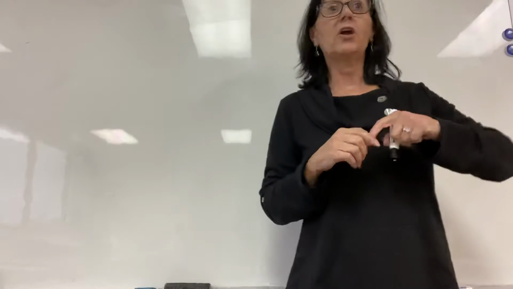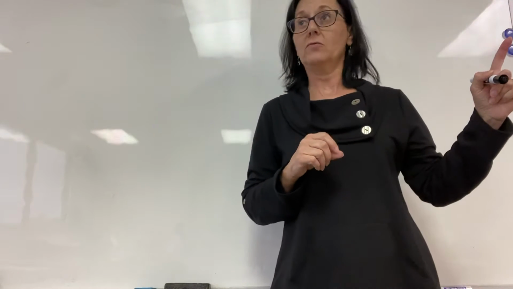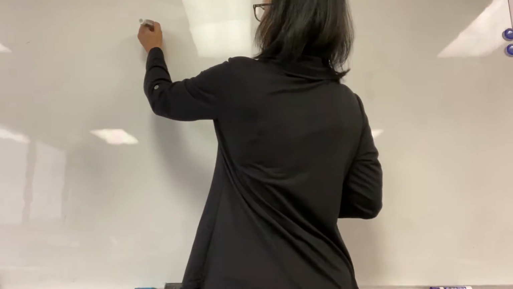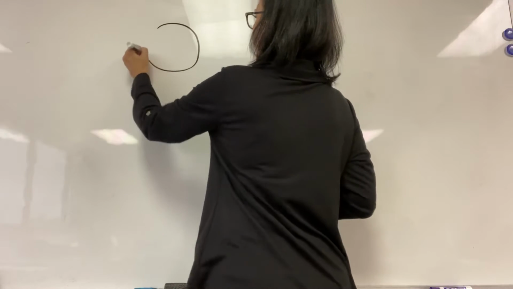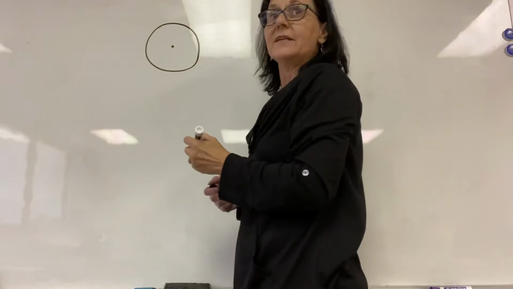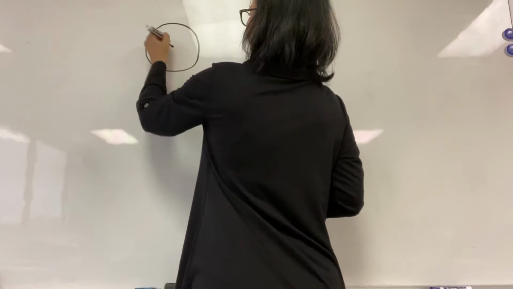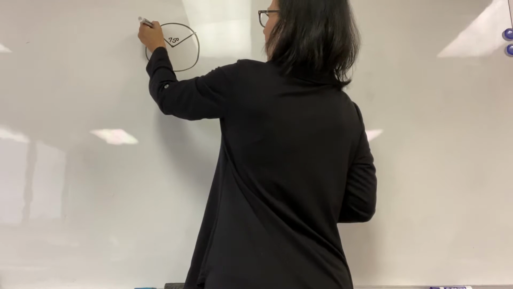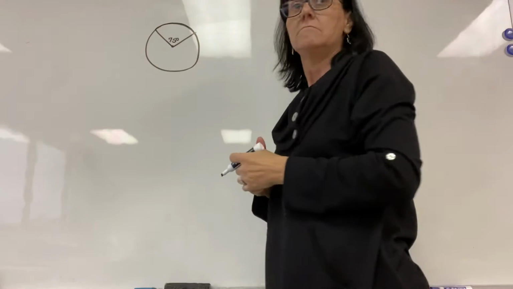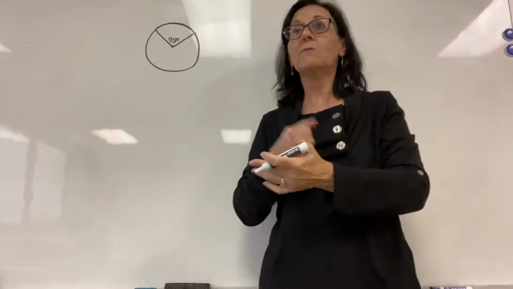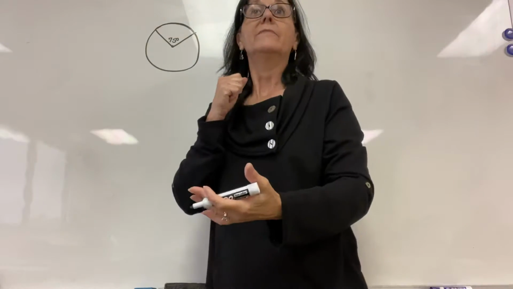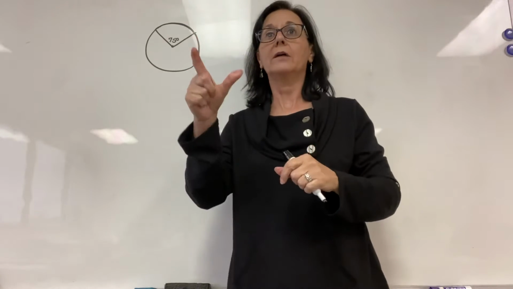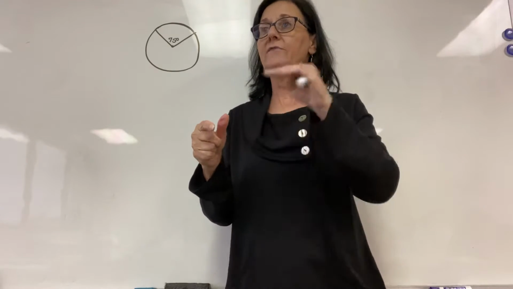Okay? And so we're going to go back to the different types of angles that we can have in a circle. All right, so if I have an angle, and that is the center, and if I tell you that that angle is 75 degrees, what's the measure of the arc? 75 degrees, because the measure of the arc is equivalent to the measure of the central angle.